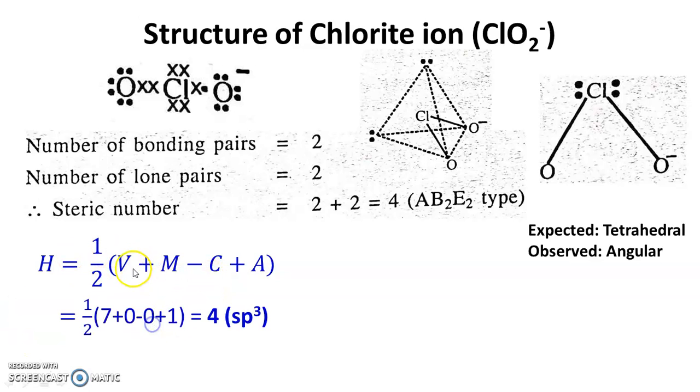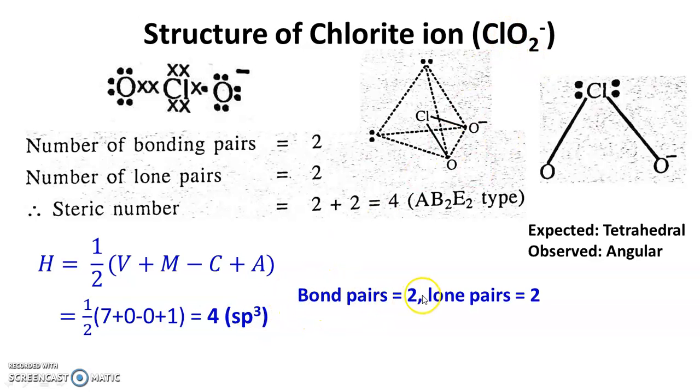So this is the formula. Valence electrons are 7, negative charge is again 1, so 7 plus 0 minus 0 plus 1, that is 8 by 2, again it is equal to 4. So this chlorine undergoes sp3 hybridization.